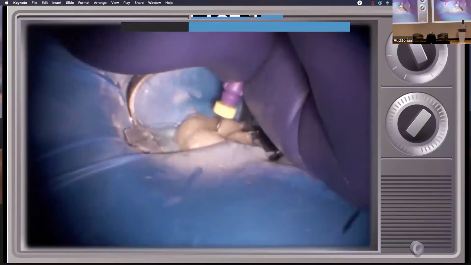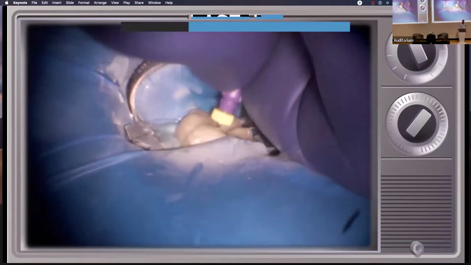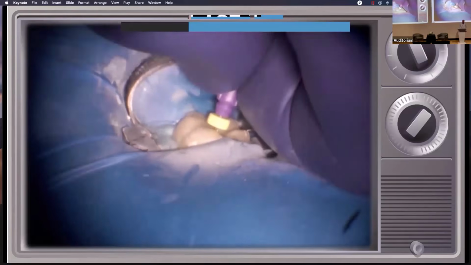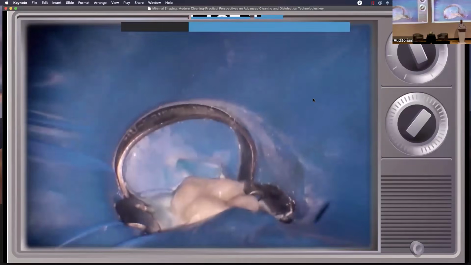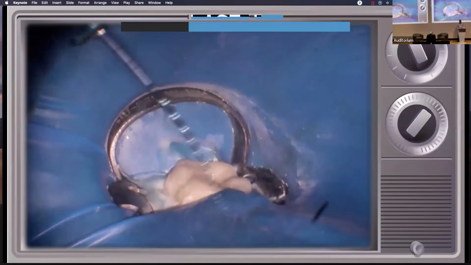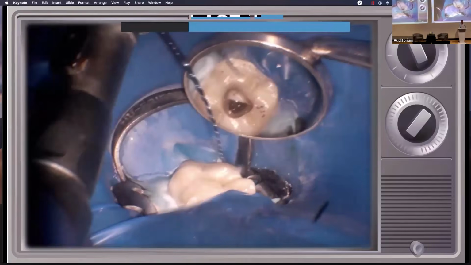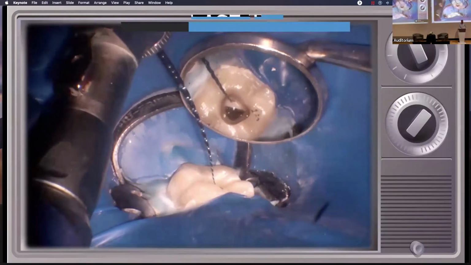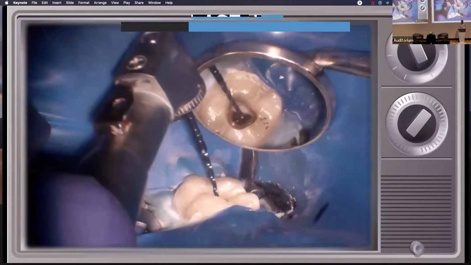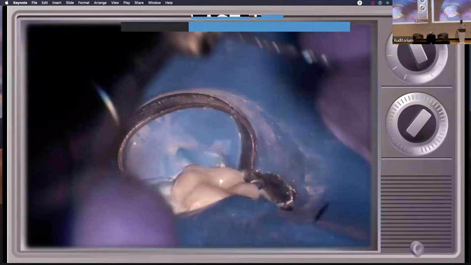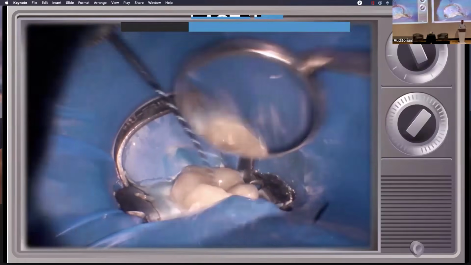So just getting this loosened up a little bit to follow with the 1002 path file. I did some initial funneling with the endo guide burrs, but it's still a little raggedy getting in there with these small tip files. So I'm going to funnel a little bit more with the 1004.